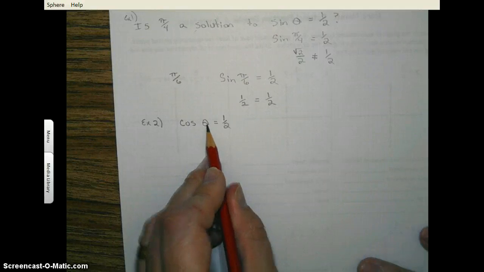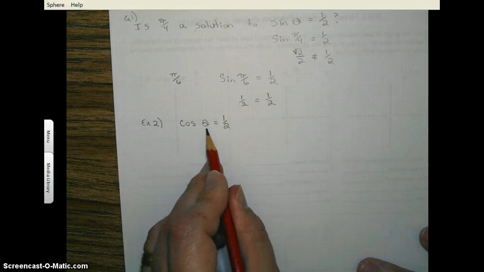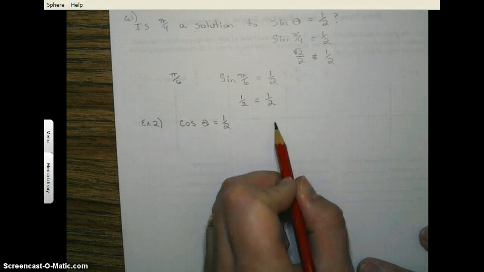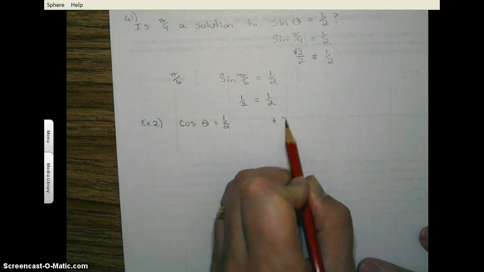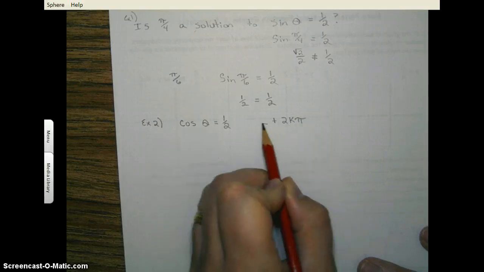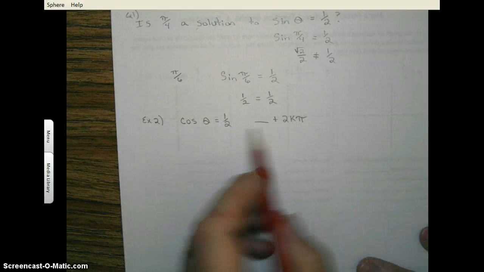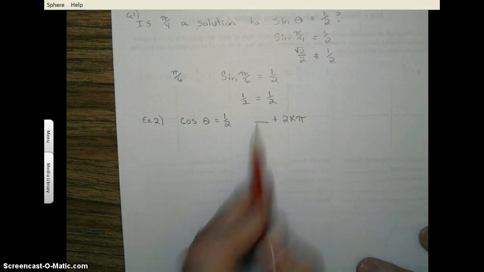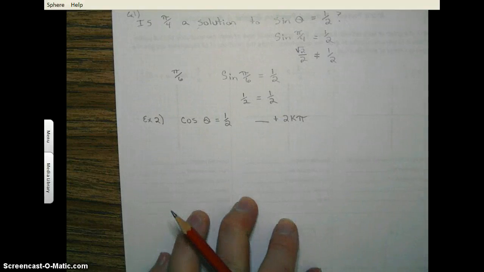And so once we find a solution to this, whatever that solution is, we're going to add 2k pi to that solution. So in other words, let's just go ahead and find a solution.